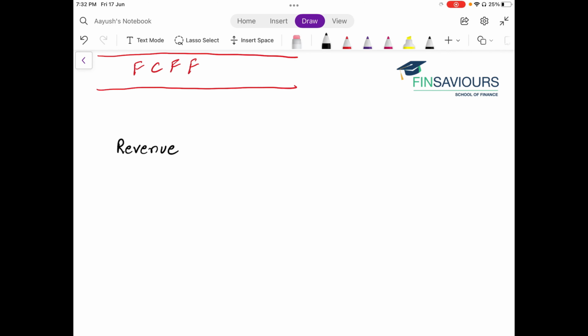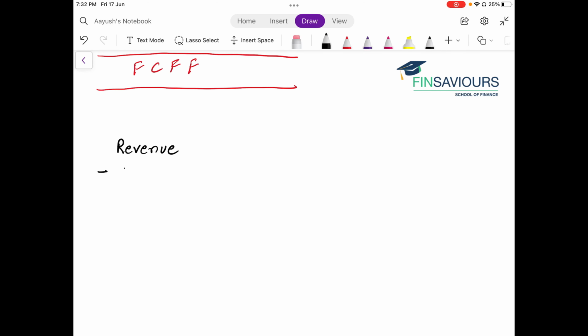Now, you might be entering into investment banking or corporate finance, and hence you are expected to have that kind of technical language. You will be talking in terms of the top line and bottom line of a company. Your boss or seniors might ask you, what is the top line of this company, or what is the bottom line of the company that you are valuing? So always remember, top line is the revenue.